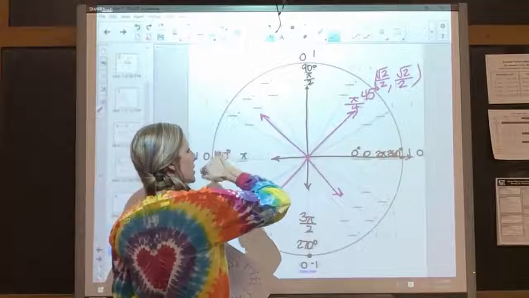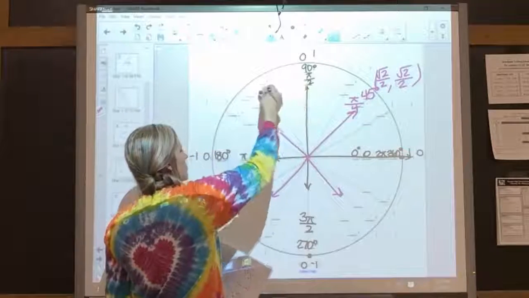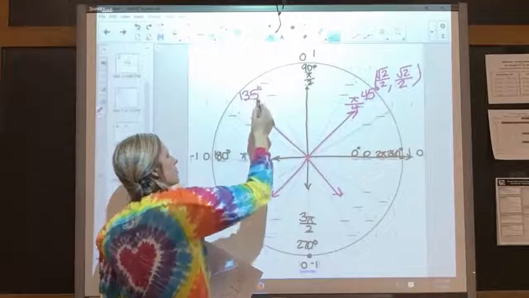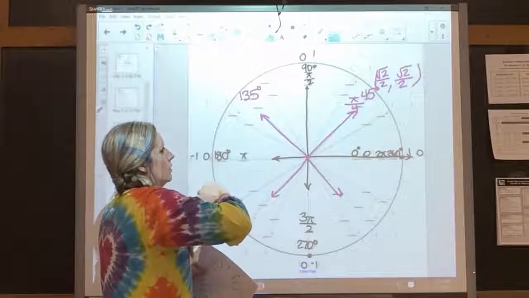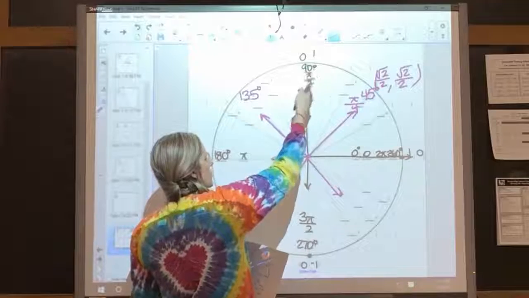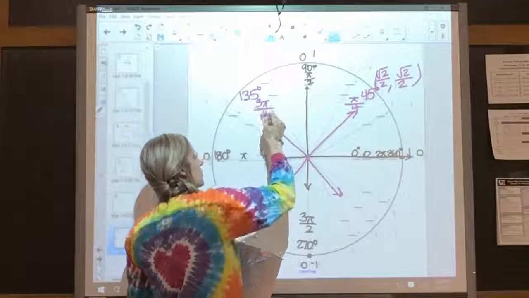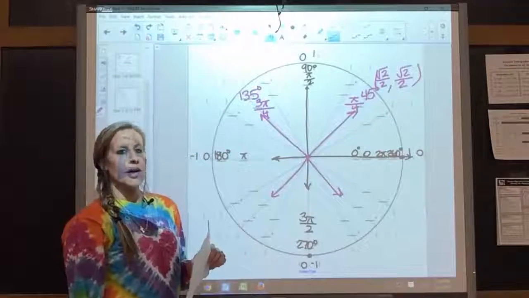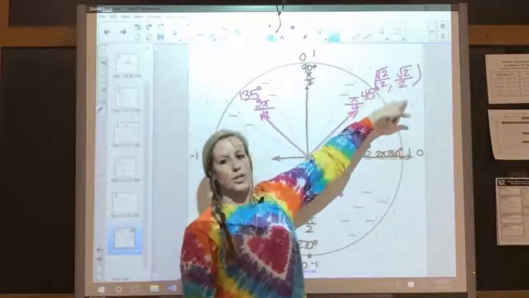Okay, the next one is going to be, let's see, 90 plus 45 degrees would be 135 degrees. So this would be 1/4, 2/4, 3/4, so 3 pi over 4. The point is still going to be square root of 2 over 2 and square root of 2 over 2.